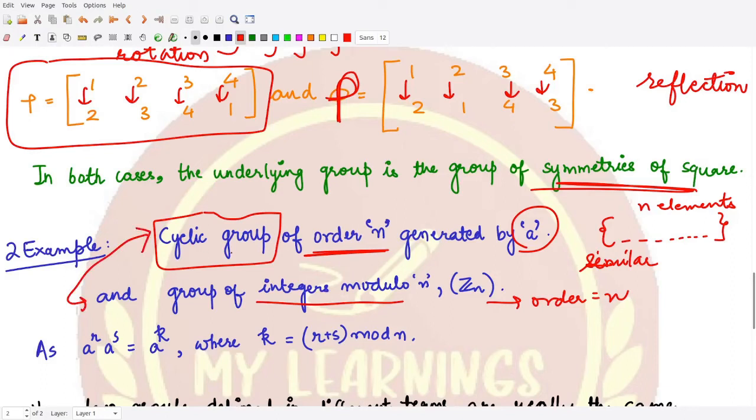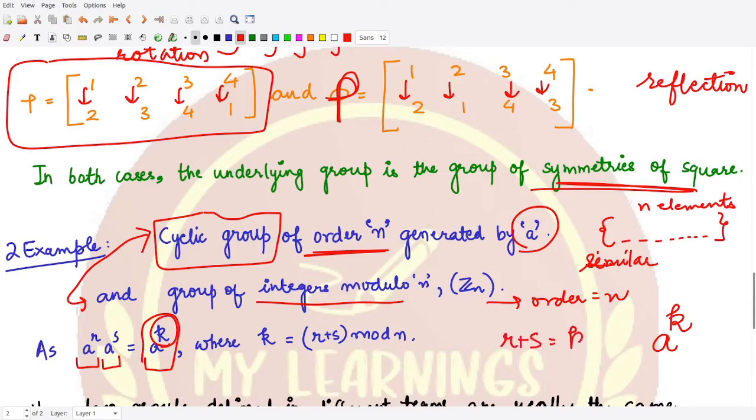It is because in a cyclic group all the elements are of the kind a to the power k. If we multiply two such elements, a to the power r into a to the power s, we get another element a to the power k, where k in the usual sense is just r plus s.